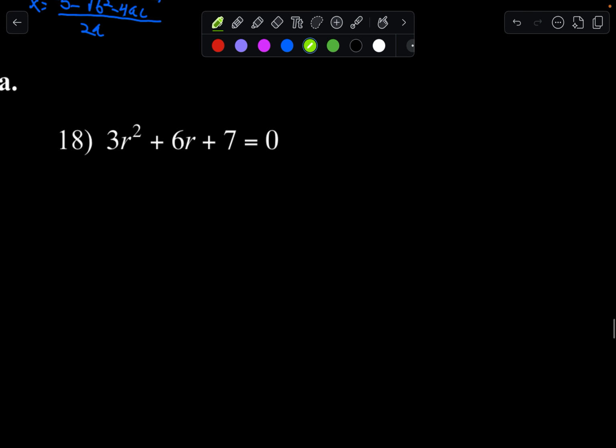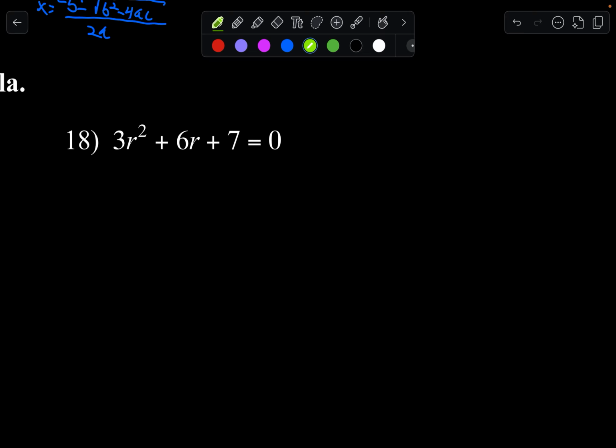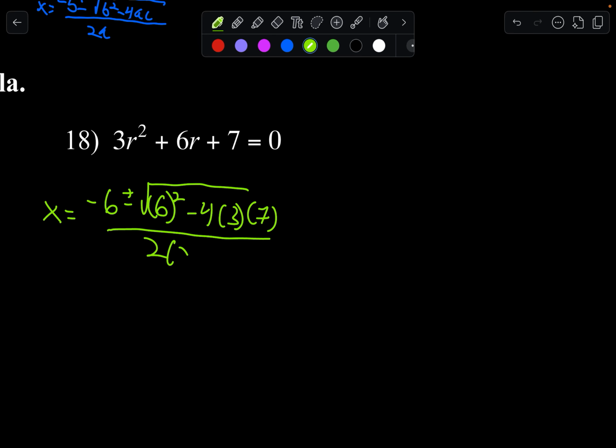Here's another quadratic formula question. Again, we use the quadratic formula. x equals the opposite of b. b is 6, so it's negative 6 plus or minus the square root of 6 squared, because it's b squared, minus 4 times a, which is 3, times c, which is 7, all over 2a.